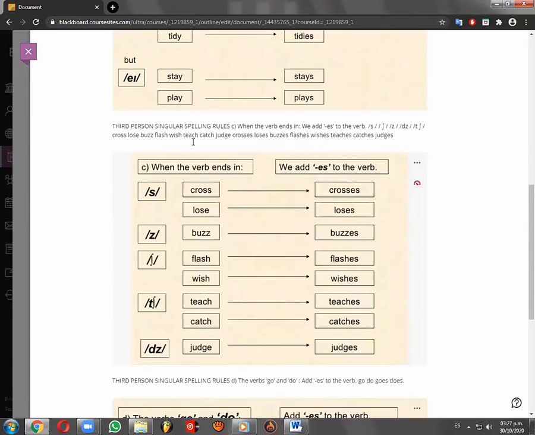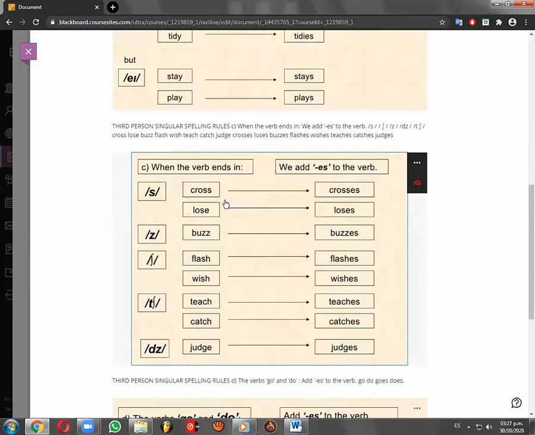For example, cross. Okay, you can add es at the end. Crosses. Lose, loses. Only you can add the s. It's not necessary to put double e, right?